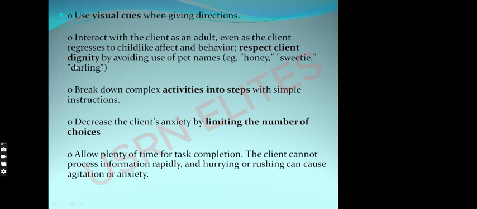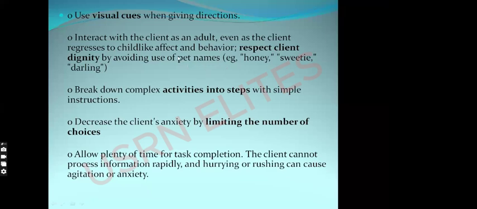Respect client's dignity and avoid calling them pet names or any names at all. Honey, sweetie, darling, or some will even try to give them funny names, not even pet names like this. They are all not accepted.